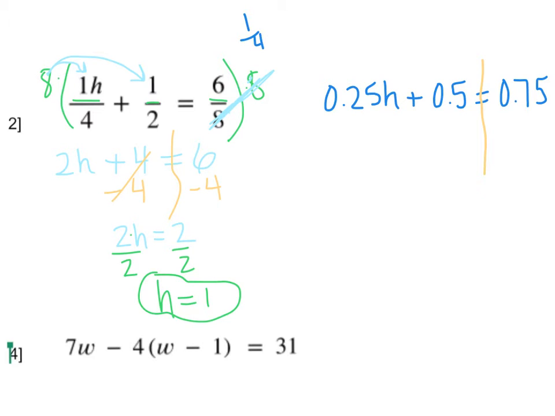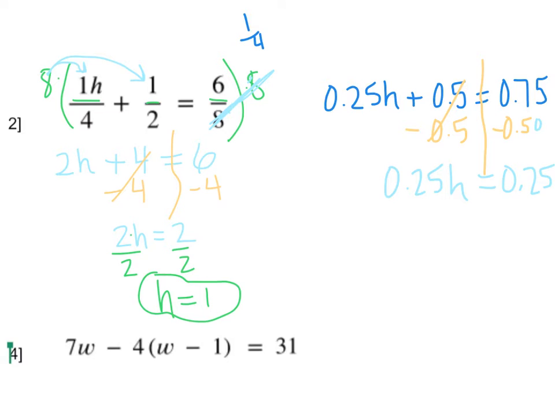It's still the same problem. Now follow inverse operations. So we're going to subtract 0.5, and we'll bring down our 0.25h, and this is going to be 0.25.